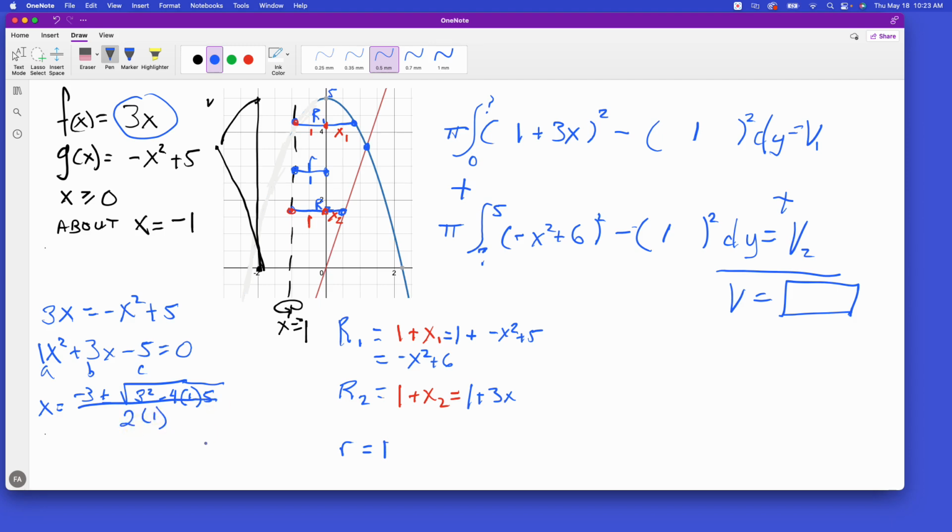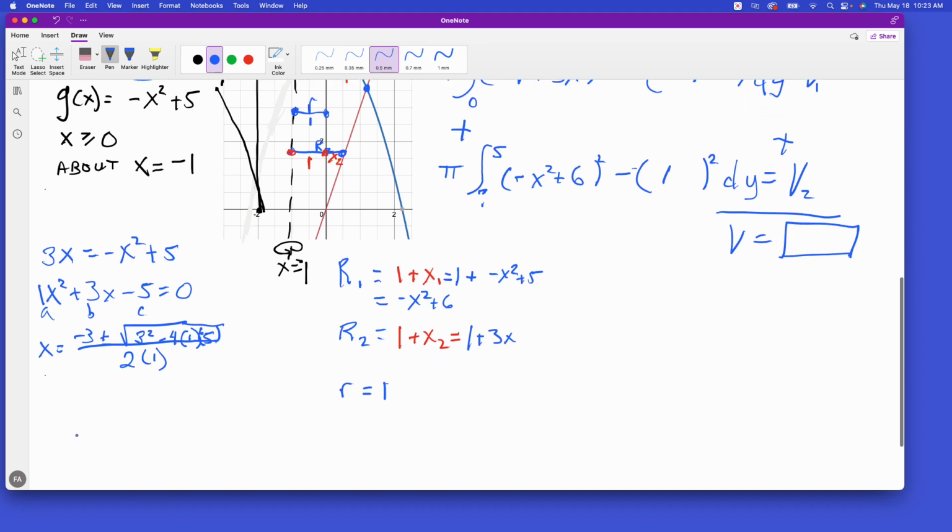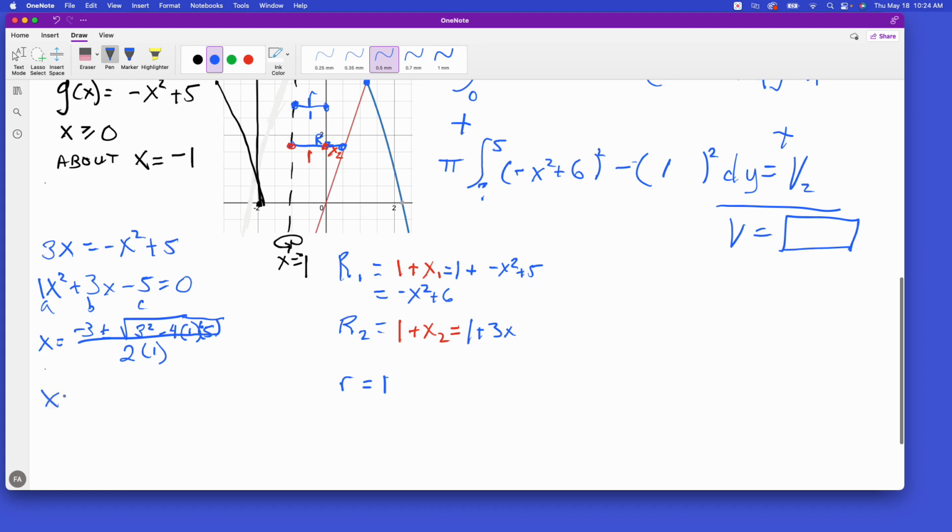All right? Now, I forgot my negative right here with the 5. There we go. Put that in there. Okay? So we get x is equal to negative 3 plus or minus the square root of 9 plus 20, so this is 29 here. Okay? And that's all over 2.